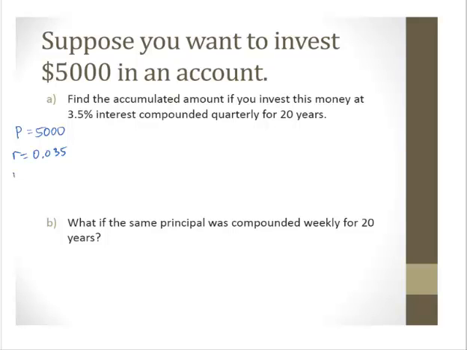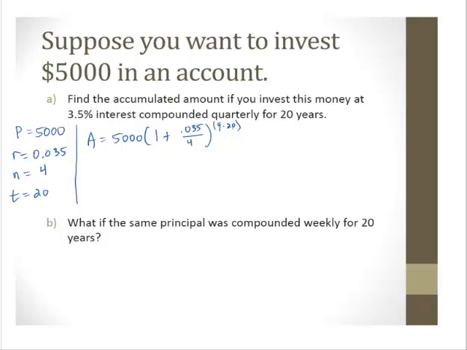Compounded quarterly, N equals 4. Quarterly means 4 times per year. For 20 years, T would equal 20. Then the accumulated value would be 5,000 times (1 plus 0.035 over 4) to the 4 times 20.